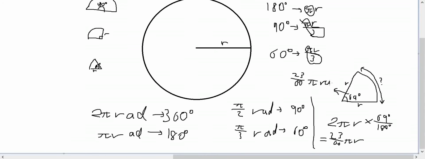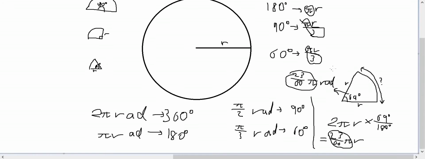Okay. So the advantage of using radians is that if you want to find this length, all you need to do is multiply the value of the angle by the radius, and you get this outer length. So as you can see, 23 over 60 pi radians corresponds to the value in front of r for the outer length of this sector.